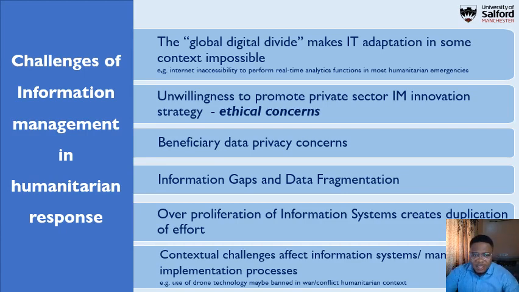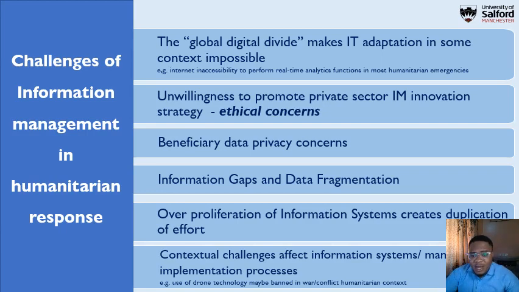We can see that in the papers that would be attached in the references. For instance, internet inaccessibility to perform real-time analytic function in most humanitarian emergencies poses a very big problem because of the global digital divide. There is also the problem of unwillingness to promote private sector participation and innovation strategy because of ethical concerns in terms of data privacy.